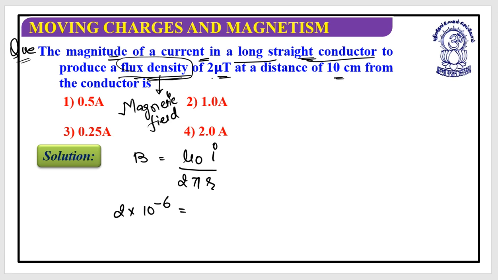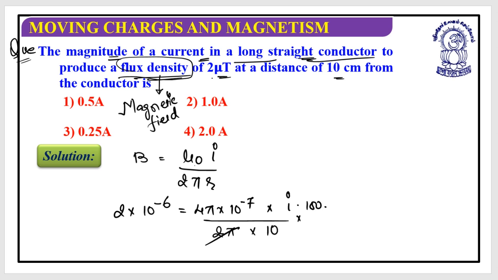Mu naught is 4 pi into 10 to the power minus 7. Current is required, divided by 2 pi multiplied by r, that is 10 centimeter. So centimeter needs to be converted, so 10 divided by 100.